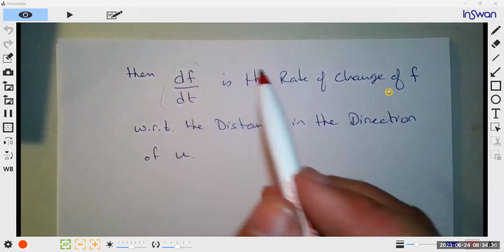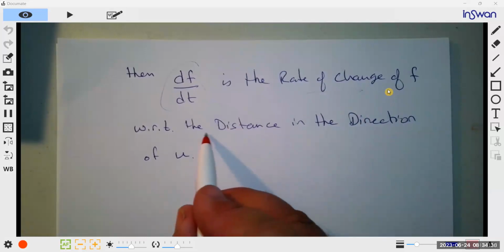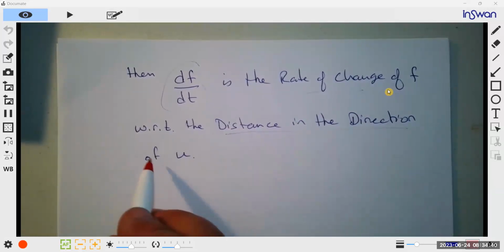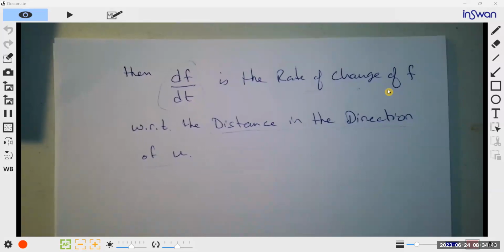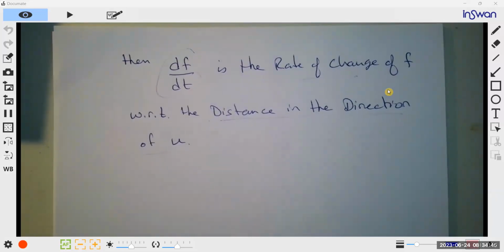So the derivative is the rate of change of f with respect to distance in the direction of the vector u.